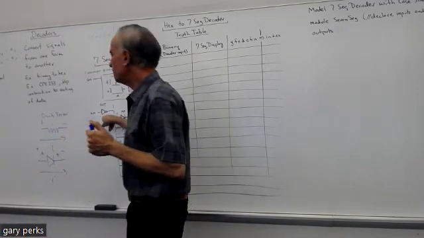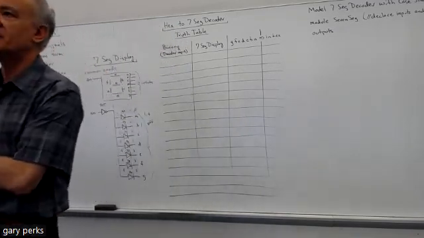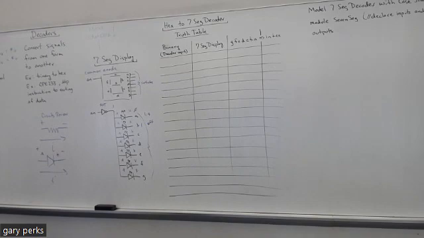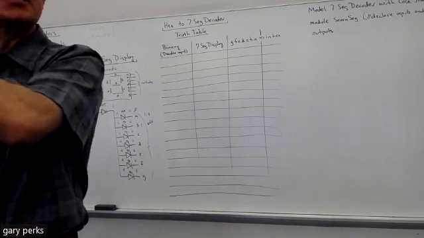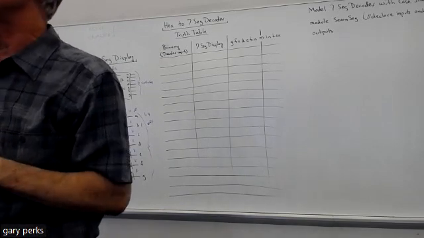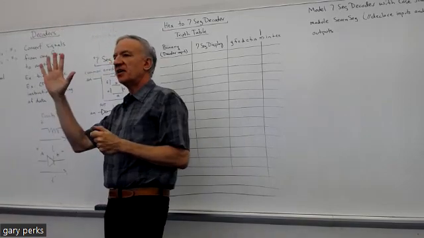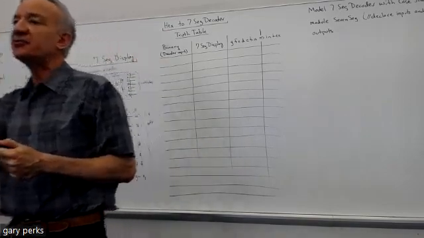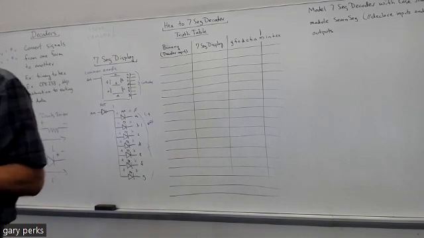And the reason for this NOT gate is, remember, a couple of weeks ago when we were talking about logic gates, like the ANDs and the ORs, I showed you one example of an electronic circuit that was a NAND gate. It had a transistor, a couple of diodes, and a couple of resistors. Well, you can make an inverter, a NOT gate, with a single transistor. That single transistor is what's giving the inversion.